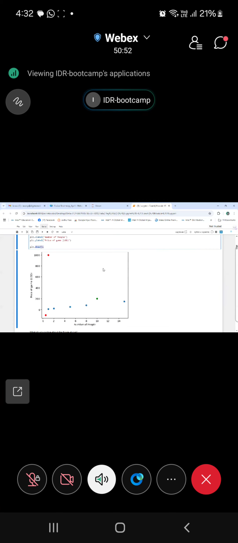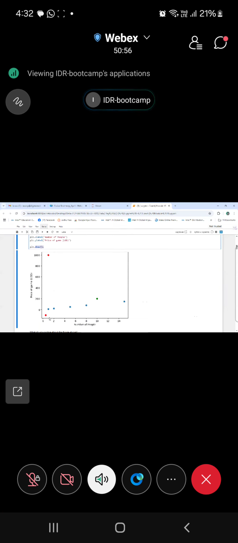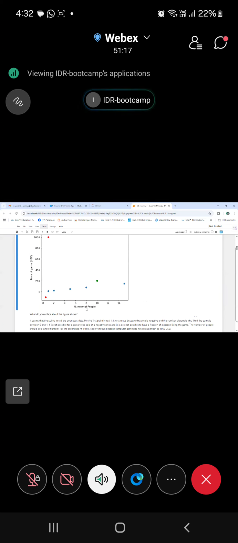Yes. Now when you are seeing this, you can see that these two red spots are telling you a different story. You can make out that this point is not within the range, and this point gives you an idea that the number of people cannot be negative.